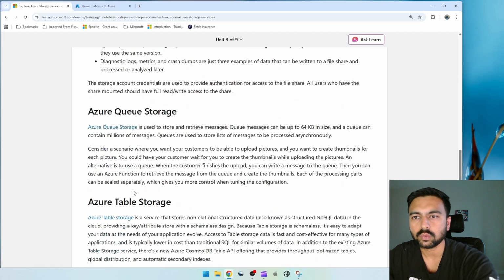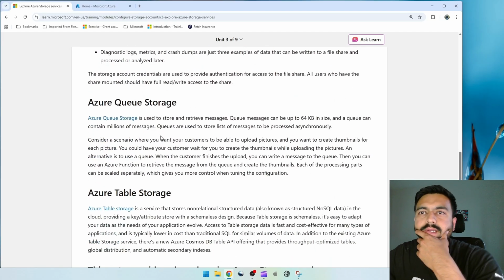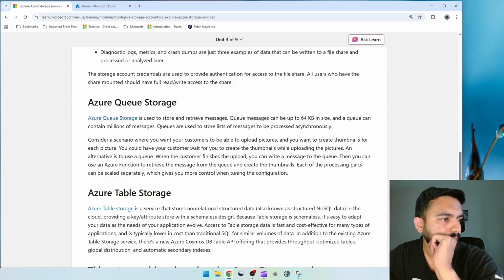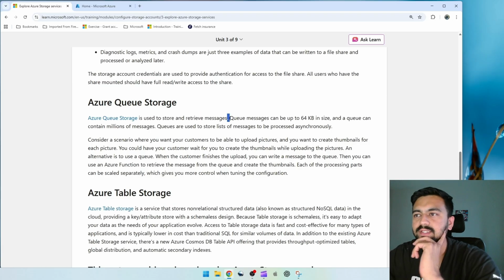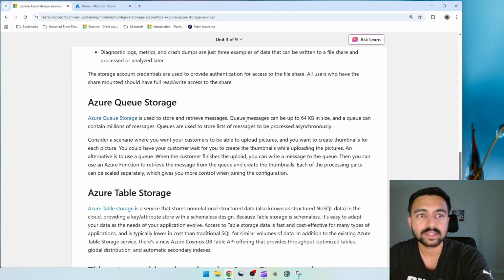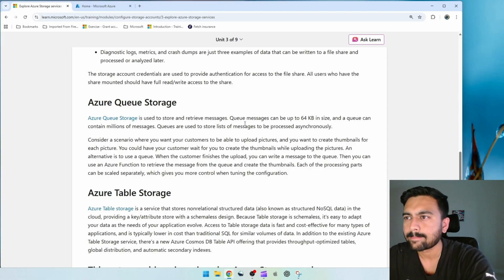Azure Queue storage is used to store and retrieve messages, queue messages up to 64 KB in size.